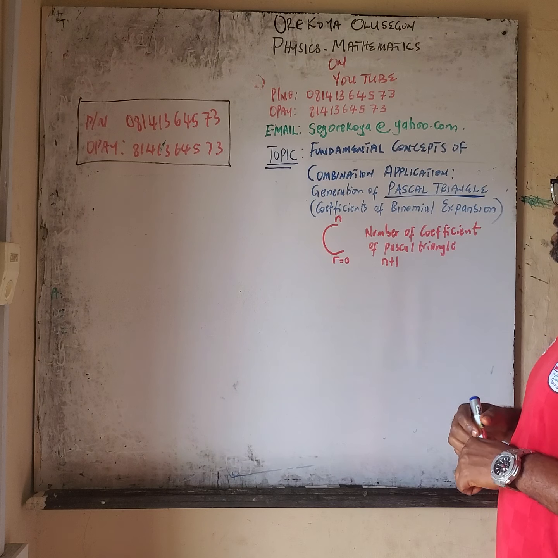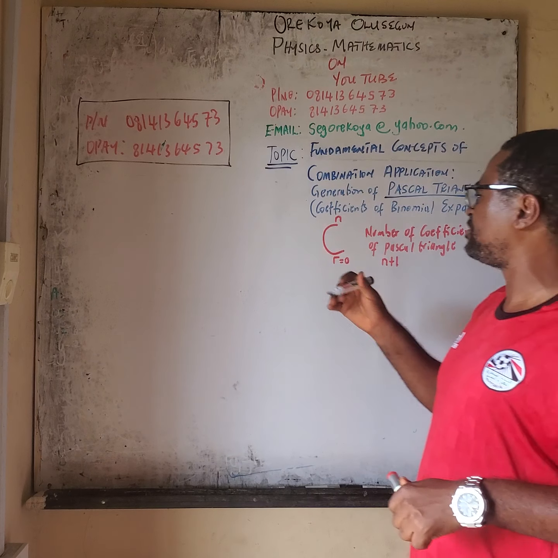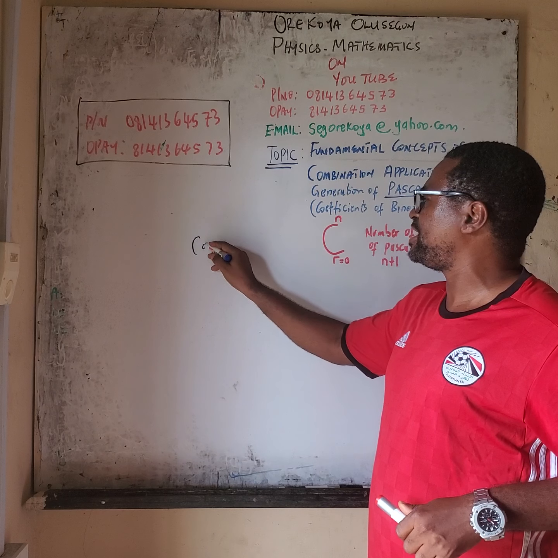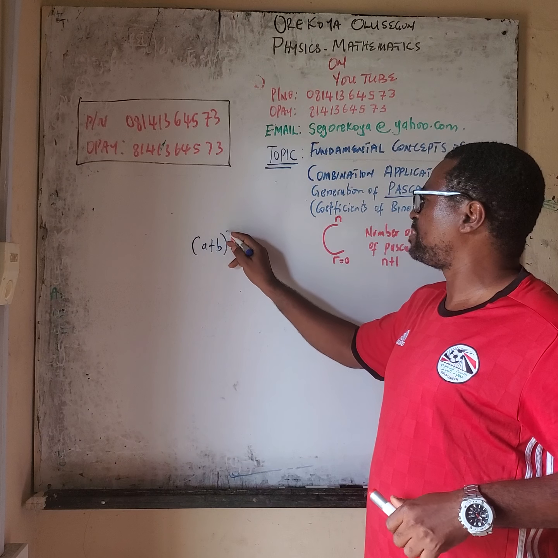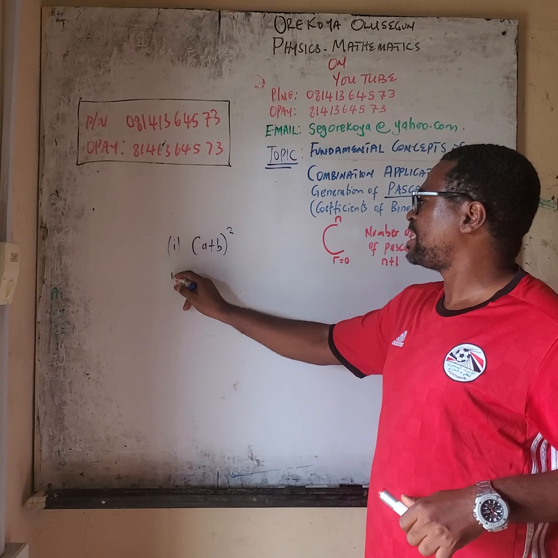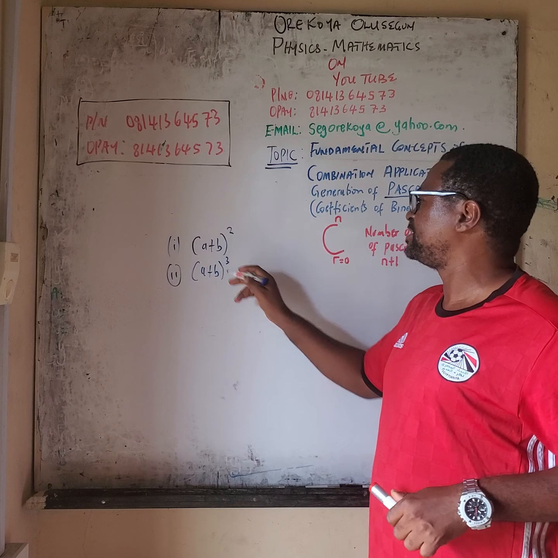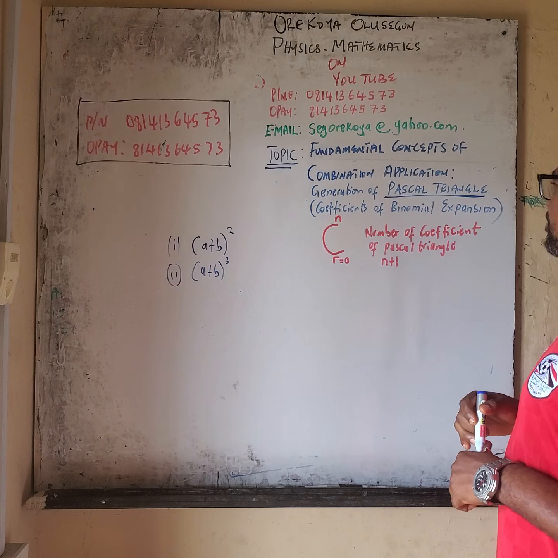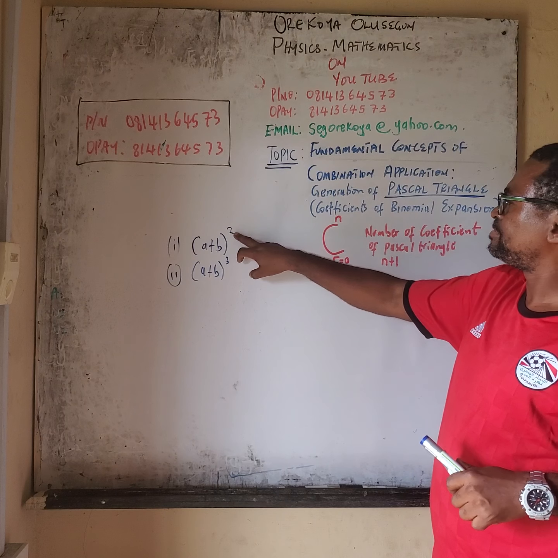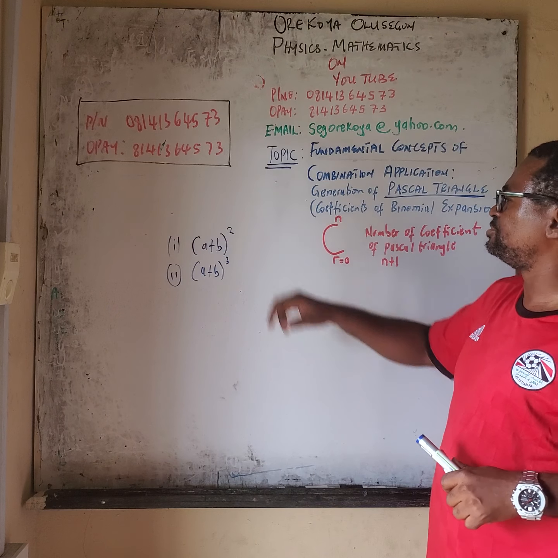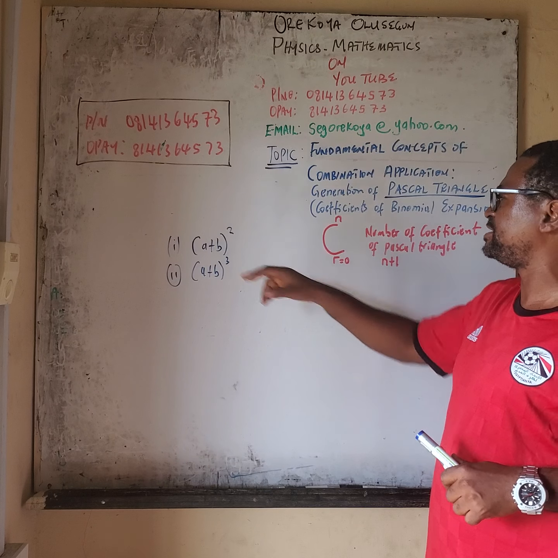Now, for instance, let's say we want to find the coefficient of this expansion. Let's say we have a plus b raised to power 2 in case 1, and we have also a plus b raised to power 3. In the first instance, the power is 2, and here the power is 3.